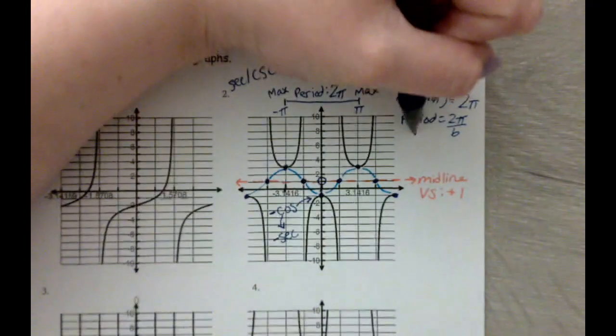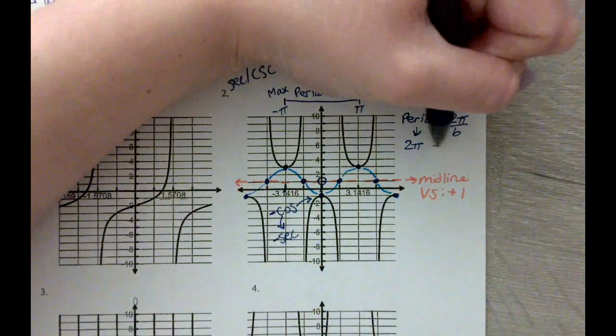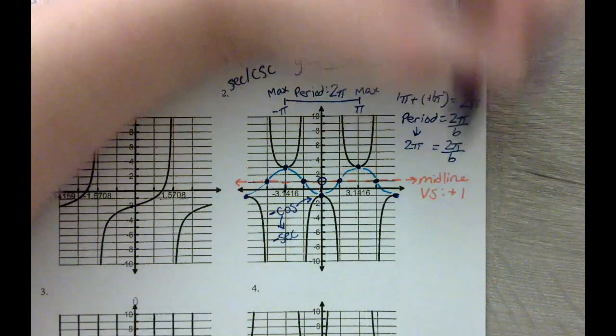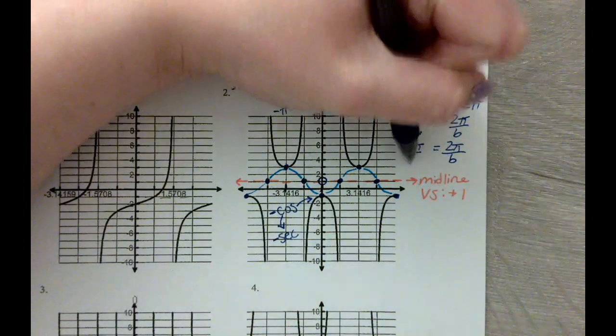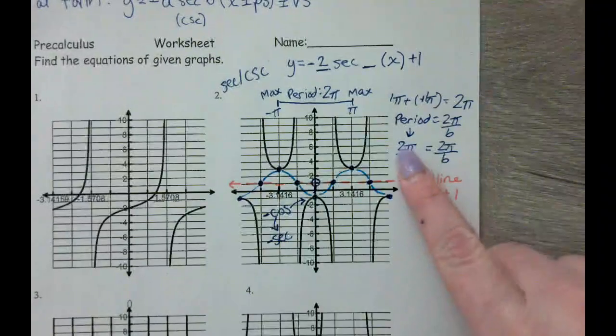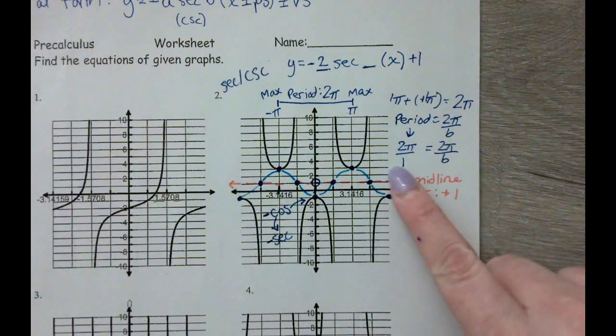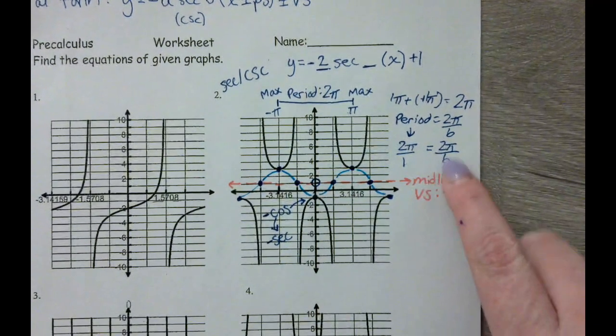Okay, we found the period, it's 2 pi. And then if you make this into a fraction and compare, the numerators are the same, so then the denominators have to be the same. So that means B equals 1 here.